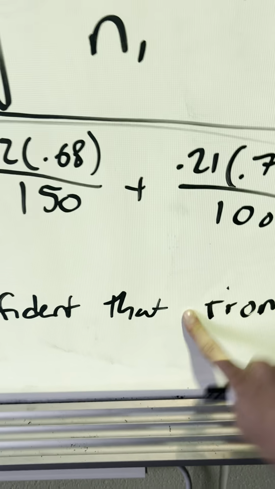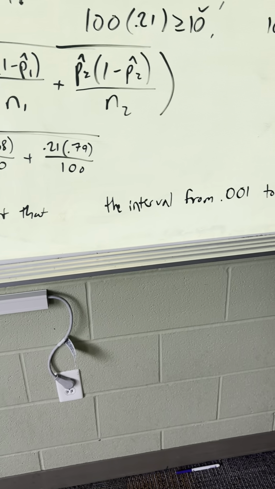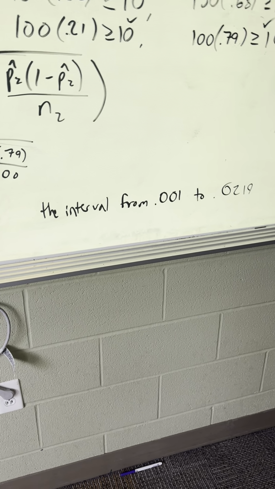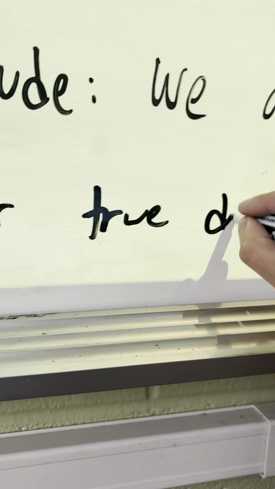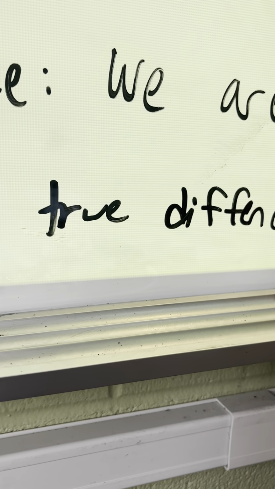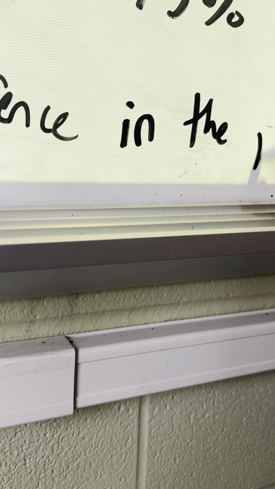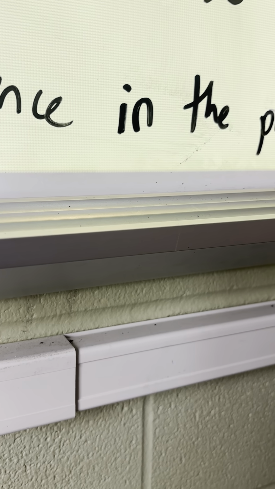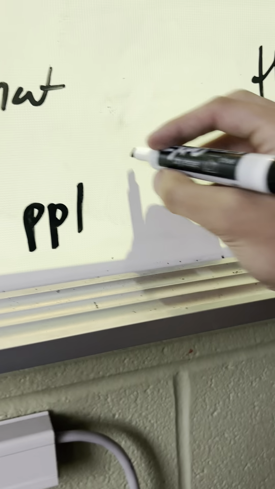We're confident that the interval from 0.001 to 0.0219 includes our true difference in the proportion of people who would report, and this part is literally just copying what we got in the question.